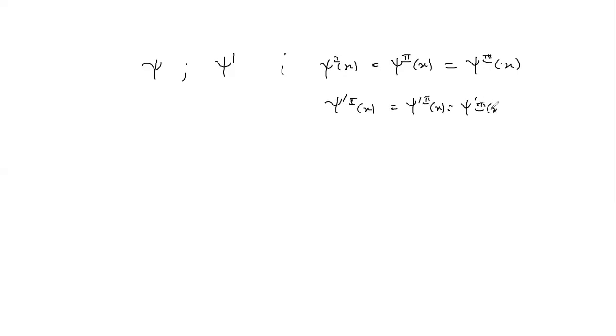So it means that psi of x in the first region must be the same as psi of x in the second region, and the same as psi of x in the third region. Please take note of this particular information. It's going to help us a great deal. And the first derivative in the first region is the same as the first derivative in the second region, which is the same as the first derivative in the third.